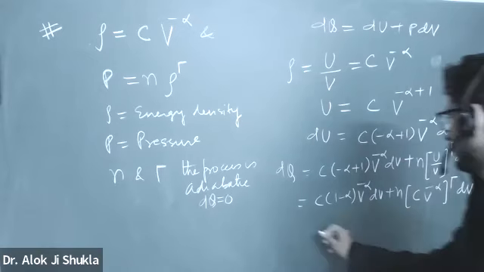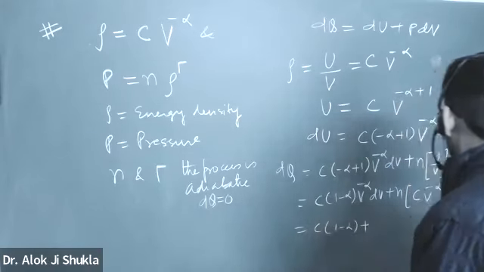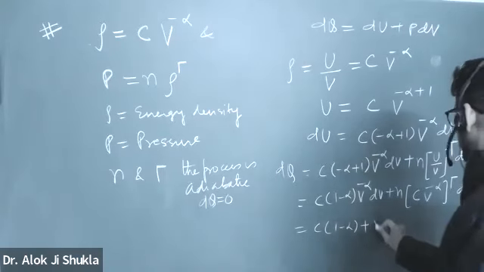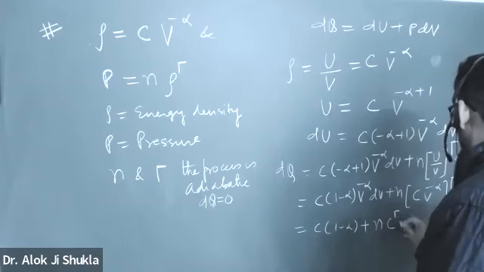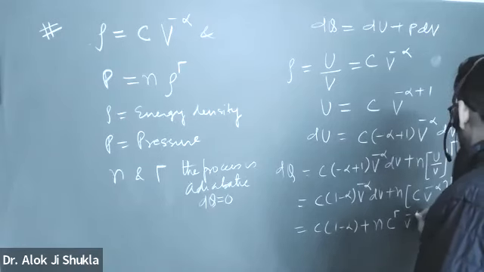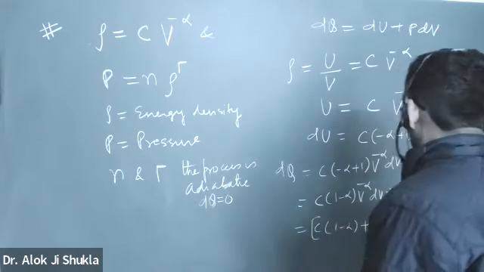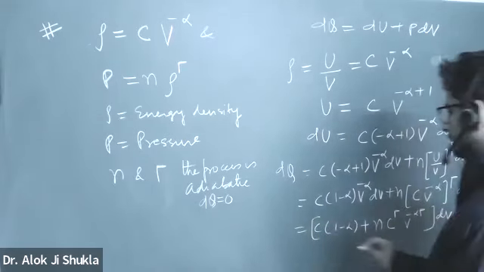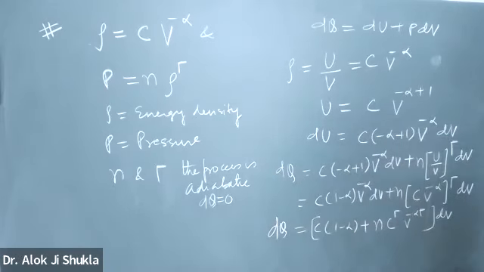So this is equal to C (1 minus alpha) plus N C to the power gamma V to the power minus alpha gamma and dV is equal to dq. Is that correct?